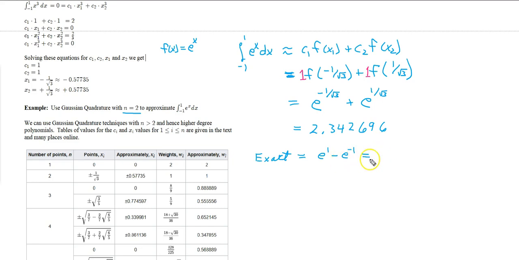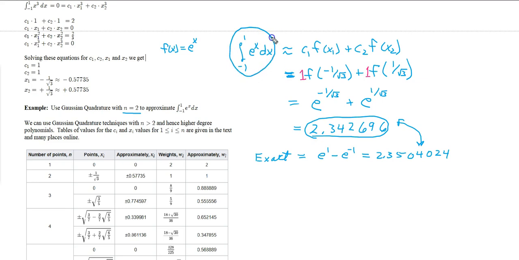And when you evaluate this, you get 2.350424 approximately. And so you notice these two numbers, well, they're pretty close. So this is a pretty good approximation to the definite integral. Pretty good considering that we only used 2 node values.